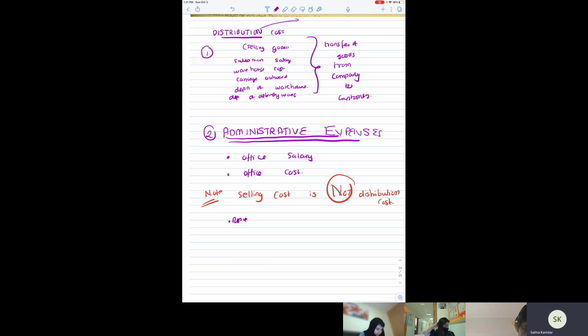Now tell me what is administrative expenses. It's relating to the office. Relating to the office. So it will have office salary, office costs, depreciation of office equipments.